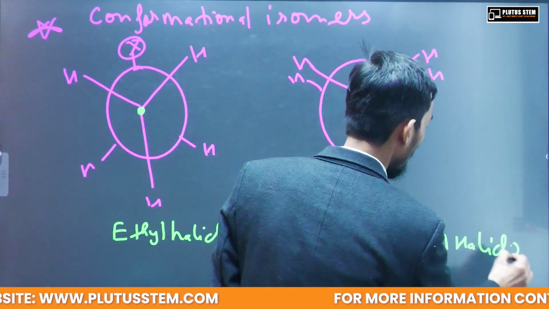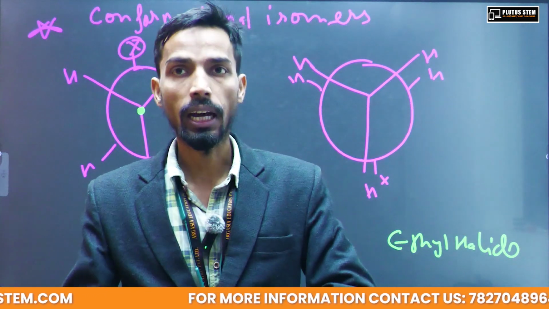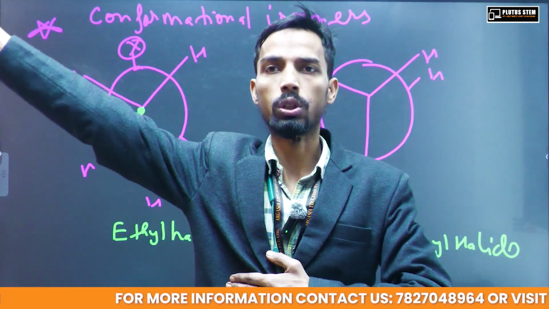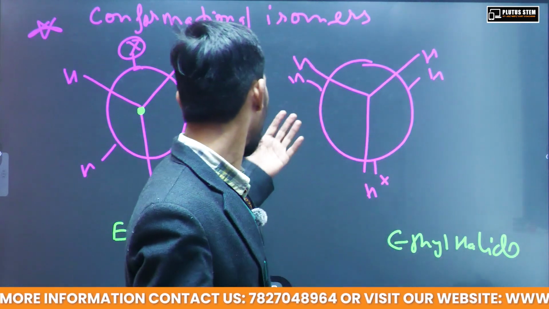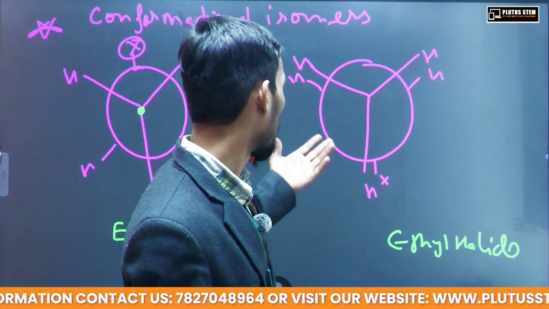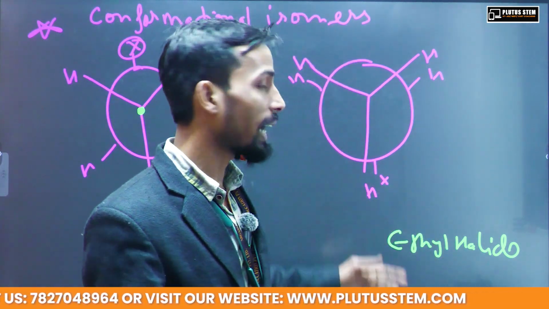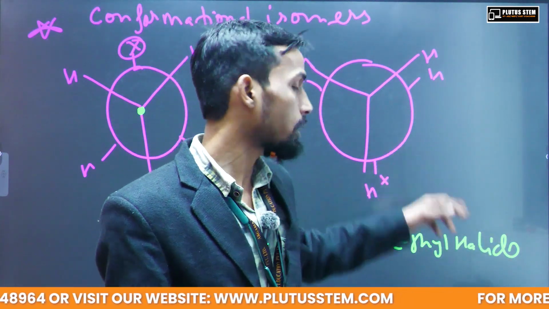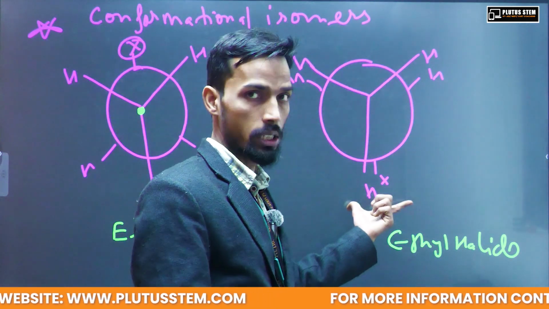But this ethyl halide is drawn like this. This is carbon 1, this is one hydrogen, this is another hydrogen, and one hydrogen is going below. This is for the front carbon. On this side also. But regarding the halogen, in this we are seeing one hydrogen and the halogen at the back side. This is the structure.